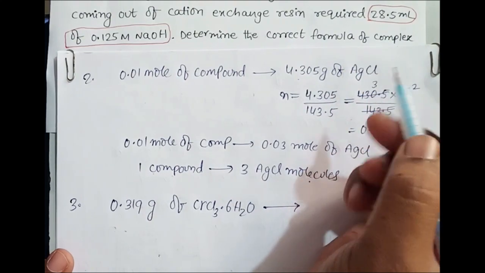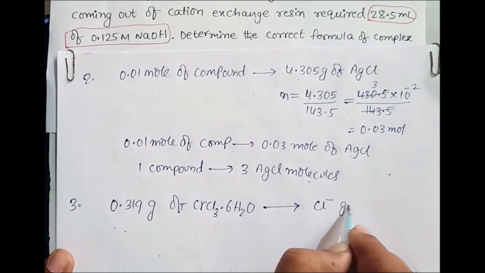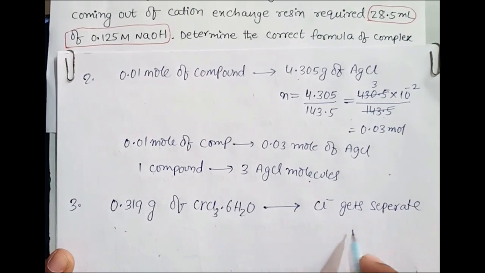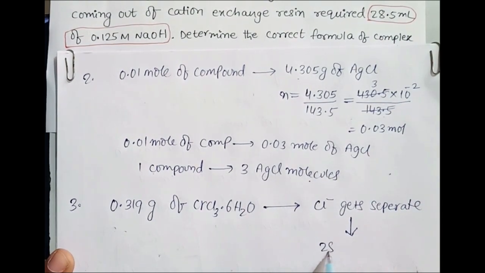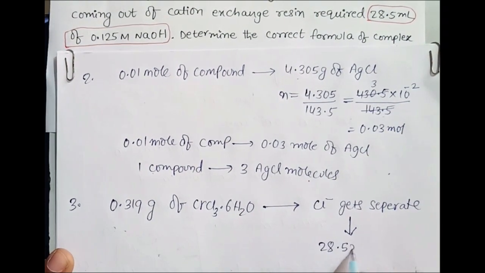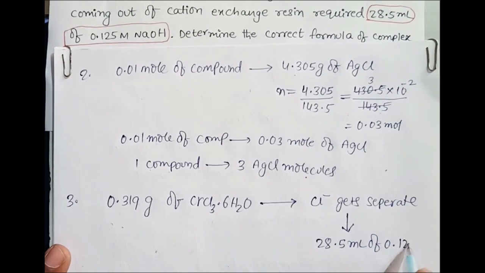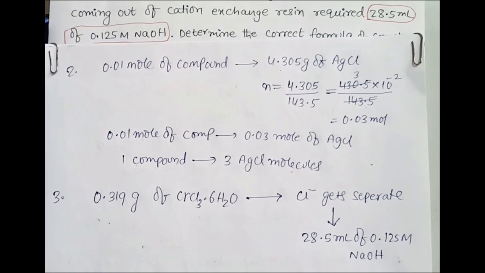So there you will get Cl minus ions separated, and those Cl minus ions are treated with 28.5 ml of 0.125 molar NaOH. So determine the formula of the compound. Any idea how to solve this question?